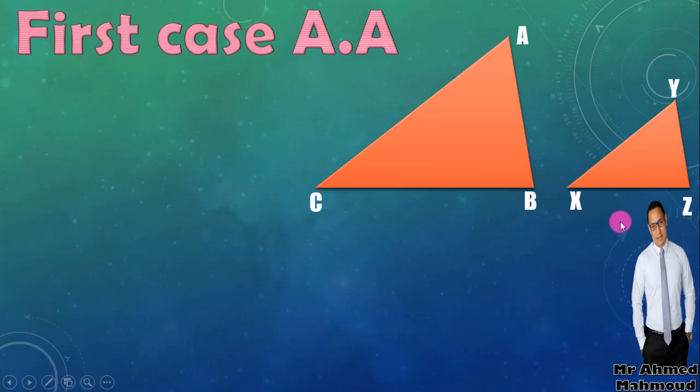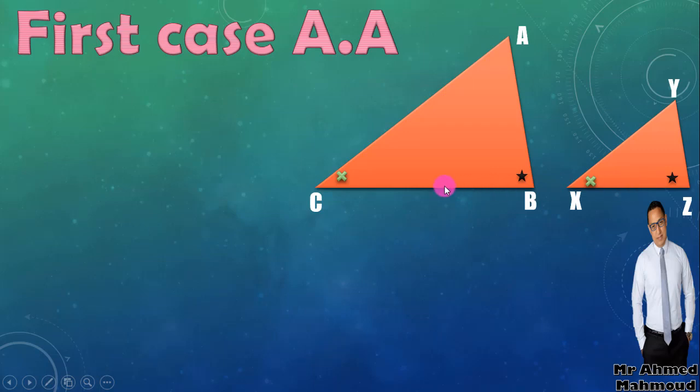If we have angle B equal to angle Z and angle C equal to angle X, here we have two angles in the first triangle and two angles in the second triangle. The two angles in the first are equal to their corresponding angles in the second.